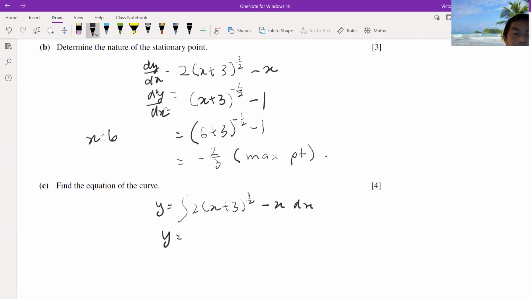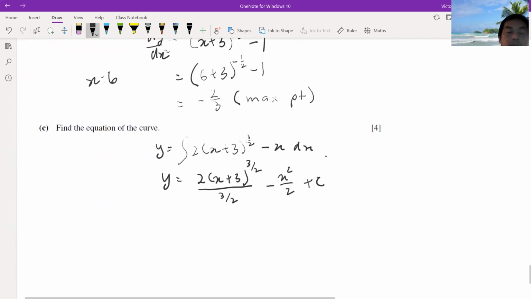So y equals (2x + 3), add 1 to the power and divide by the new power, and divide by the derivative of the function of x. Okay, so this is minus x squared over 2.